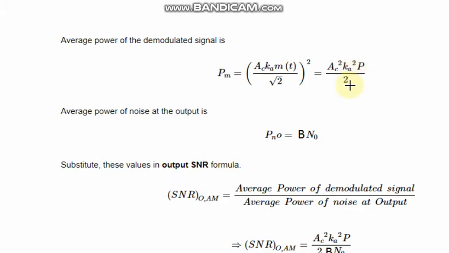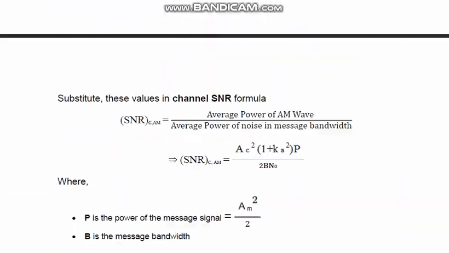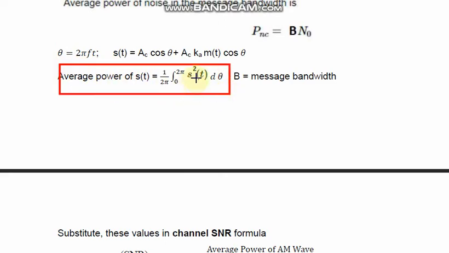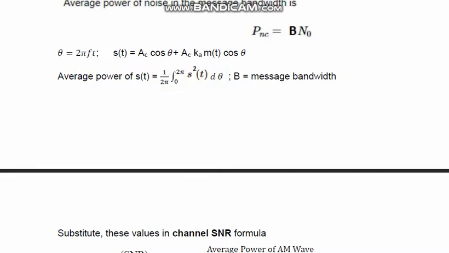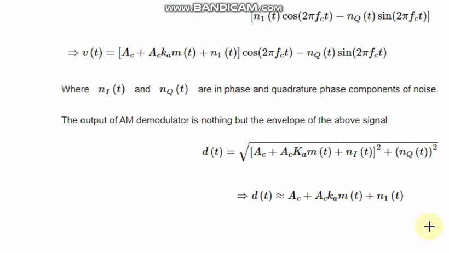Again you have to use the same formula which I have told you earlier. The formula is this one. You have to apply this formula, and in place of s squared(t) you have to put Ac Ka m(t) whole squared, and integrate this from 0 to 2 pi.